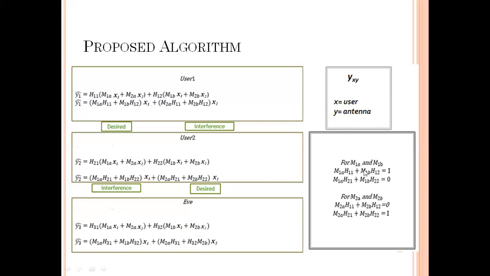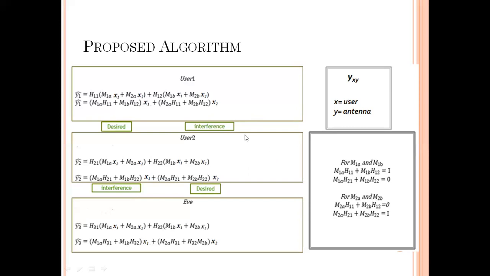For now, the task is to calculate the intelligent precoder matrices that will be superimposed with the transmitted data packet. For that purpose, we will be equating the desired term of user 1 with the identity matrix and the interference term of user 2 with the zero matrix.